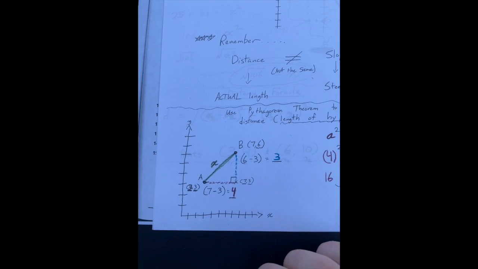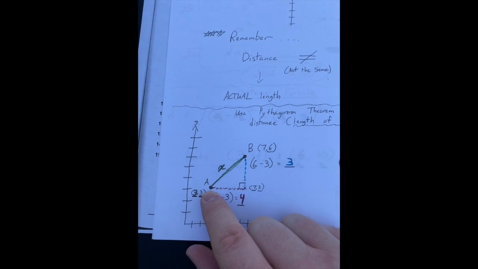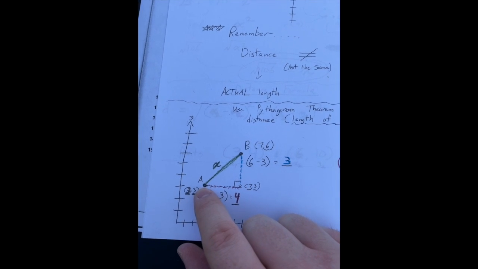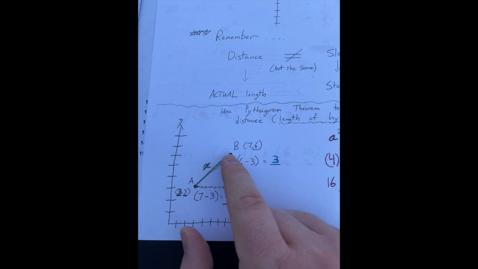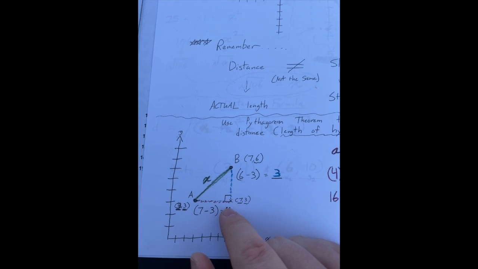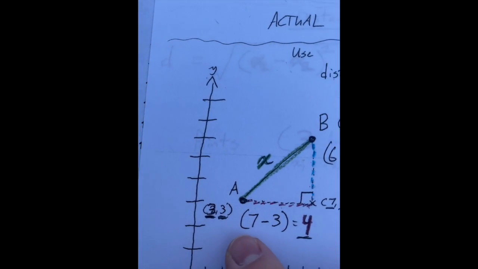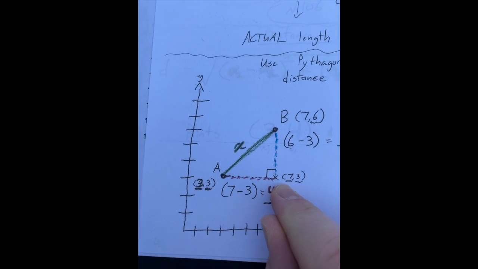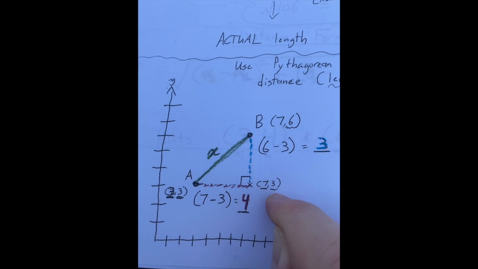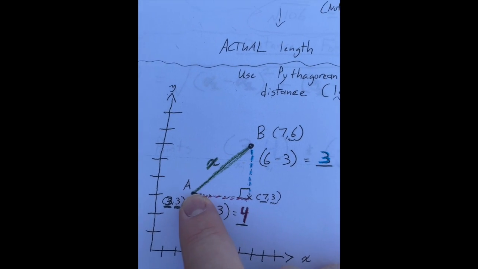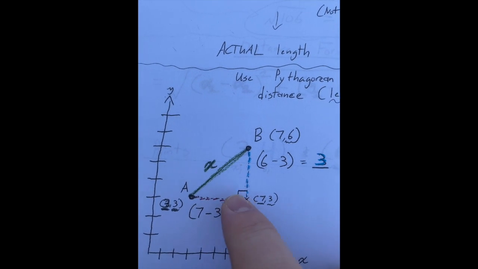So we use that by determining the distance we made when we drew these additional lines. We had our starting point, and we go across until we are underneath the destination, and that would be 4 points across. Because right here we start at point 3, and then we end over here at point 7, and that means we go 4 units across. So the length of this side is 4.